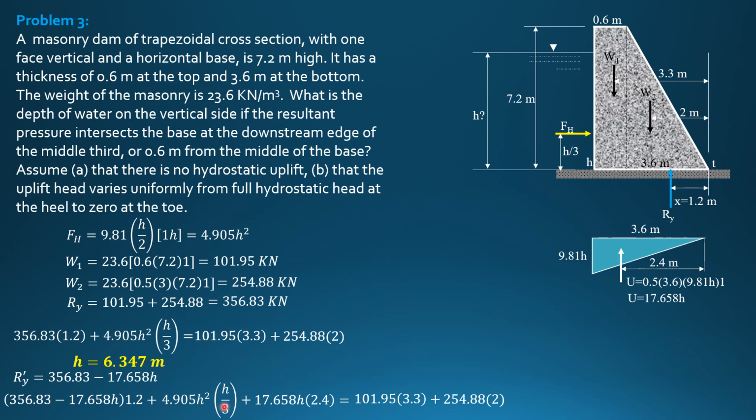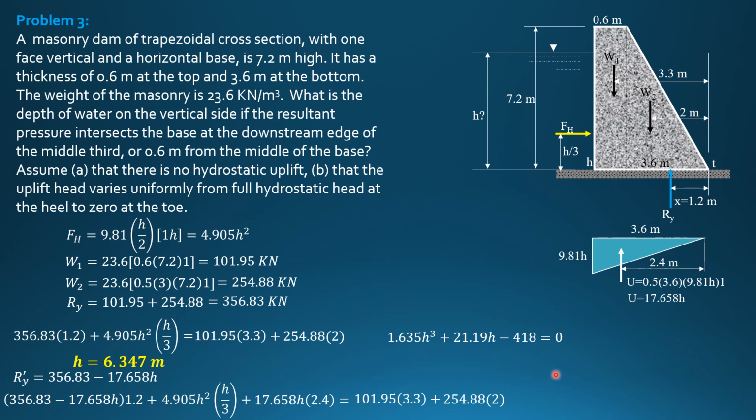So simplifying, 4.905 over 3 is 1.6358 H cubed. Then negative 17.658 times 1.2 plus 17.658 H times 2.4, that's 21.19 H. And 356.83 times 1.2 minus 101.95 times 3.3 minus 254.88 times 2 is negative 418.